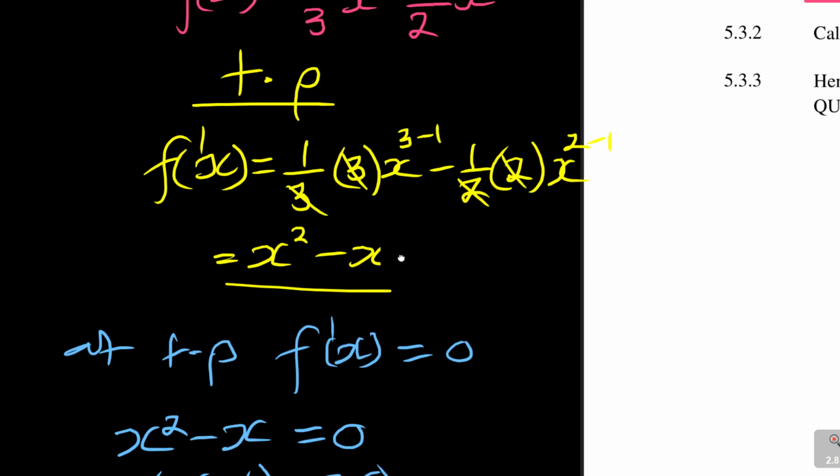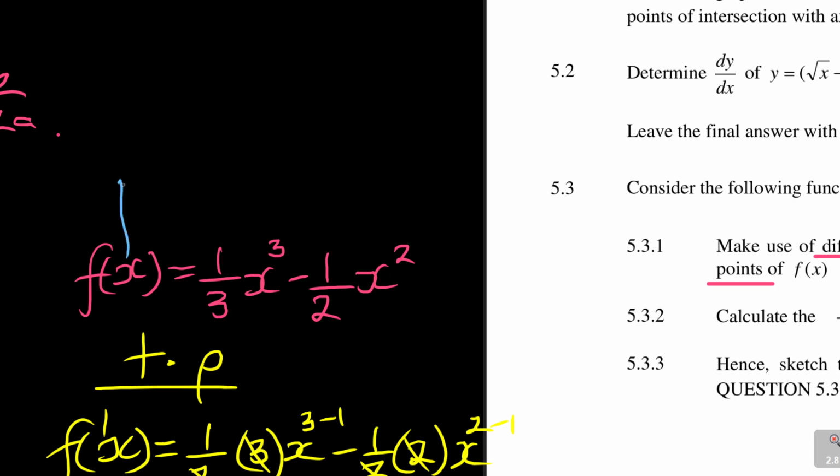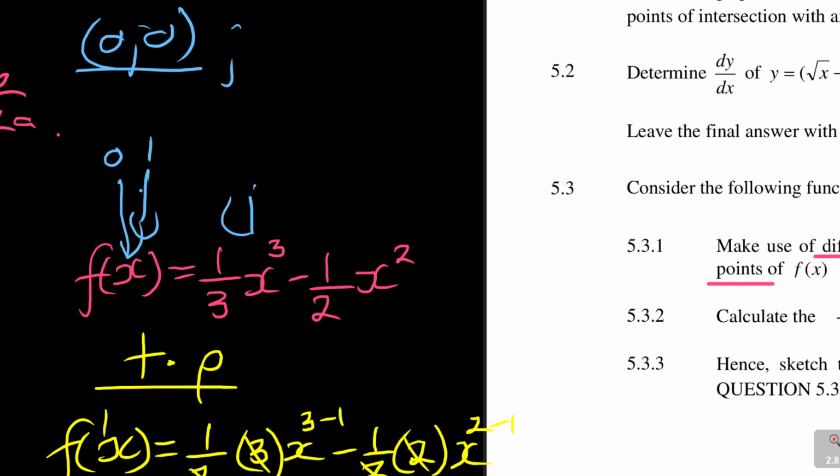So you must go to the original f of x. You know x is 0. So here you put x is 0. You can see when x is 0, y is 0. So the first coordinate is (0, 0). Then the second coordinate, when x is 1, you put 1 here also.